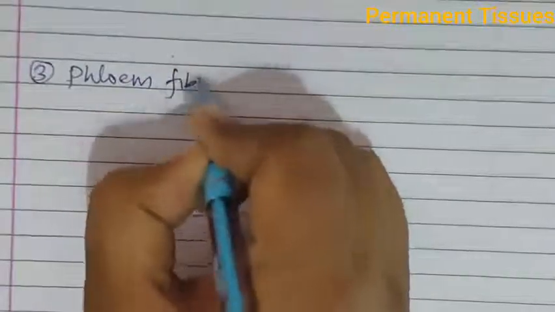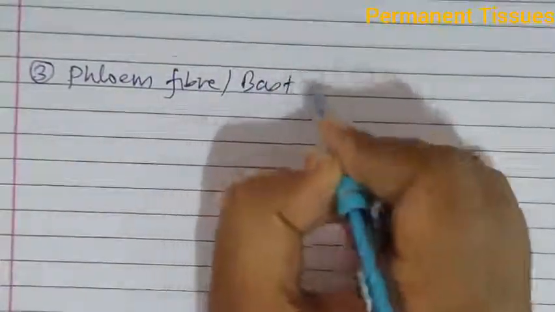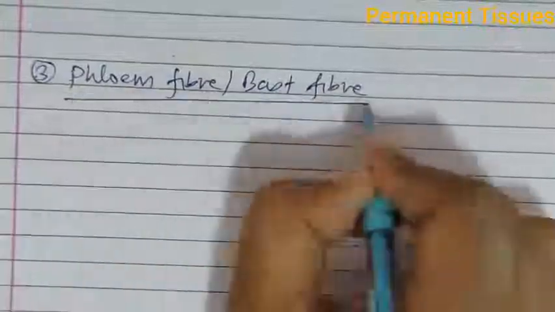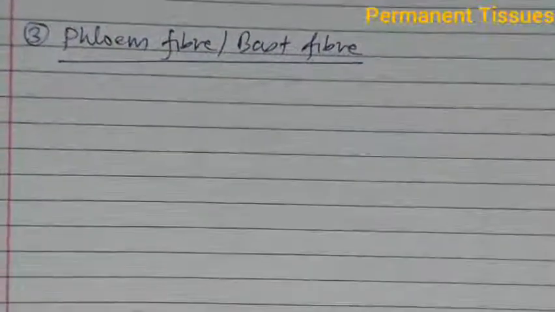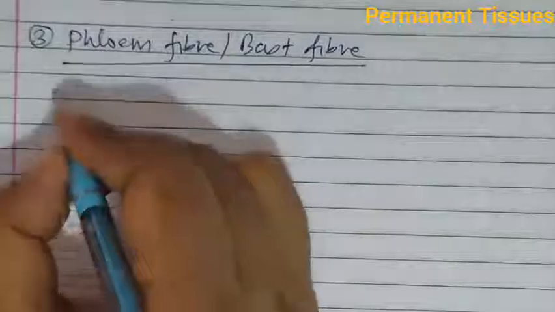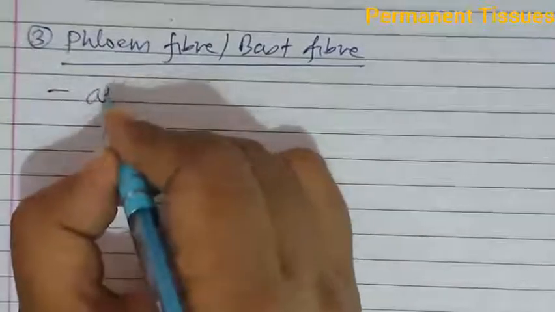Now third is phloem fiber or bast fiber. This phloem fiber or bast fiber is a sclerenchymatous fiber.